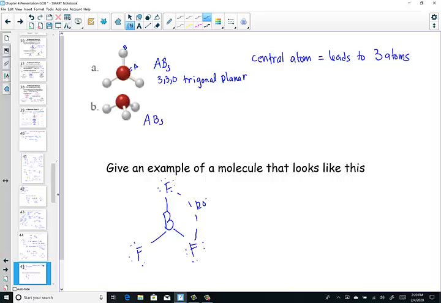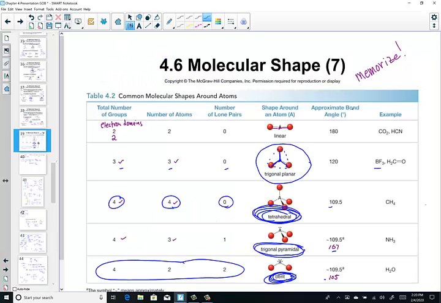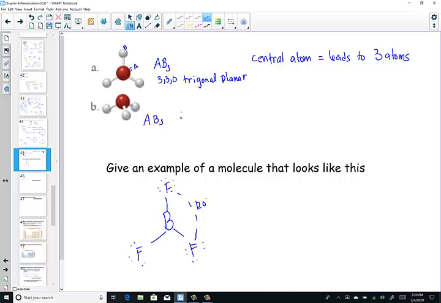But when you examine your VSEPR chart and you find this particular shape, where we have one central atom leading down to the 3 other atoms, and you have a set of electrons up here, you see that the VSEPR count is 4, 3, 1 to give us this trigonal pyramidal shape. That was our example right there, ammonia. So when I saw this example, I saw that this would have a VSEPR count of 4, 3, 1 called trigonal pyramidal.